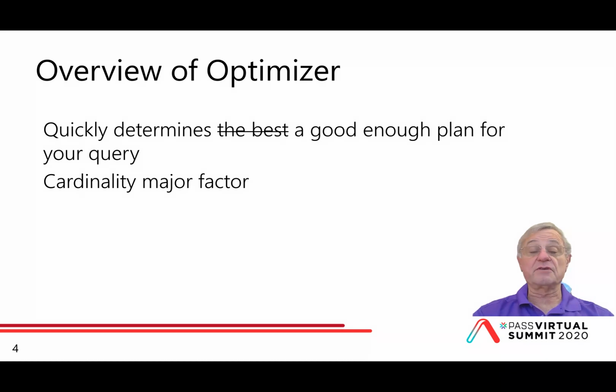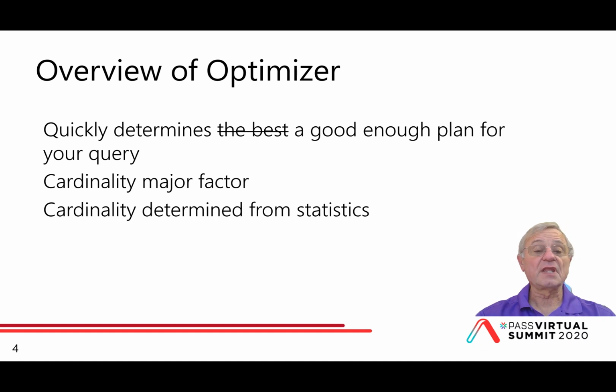On the other hand, if one of the tables has, say, 20 rows expected, and the other table has an appropriate index, then the optimizer might decide to look at a nested loop, which might be appropriate for that combination of cardinality. The bottom line is that cardinality is an absolute major factor in the optimizer's work in determining a plan and estimating work for a plan.